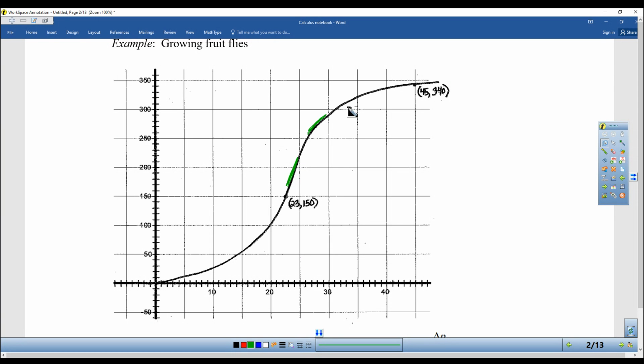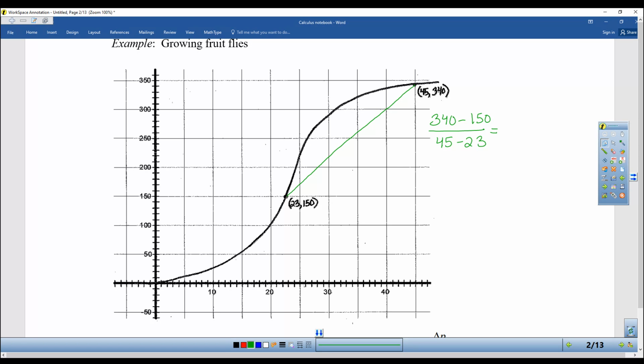And then it starts to slow down, and then the number of fruit flies is increasing at a much slower rate. But I don't want any of that. I just want the average rate of change. That's a beautiful thing. You can just find slope. So we've got 340 minus 150 over 45 minus 23.